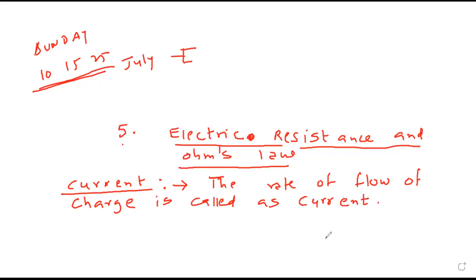Negative, okay. What about you, Puran? Any. It can be any charge. Only the difference will be in the direction. If it is a negative charge, then current will be flowing opposite to that charge. If it is positive, then current will be flowing in the same direction. So whichever charge flows, we say it is current. So rate of flow of charge is called current.